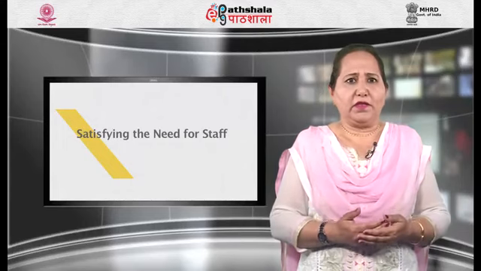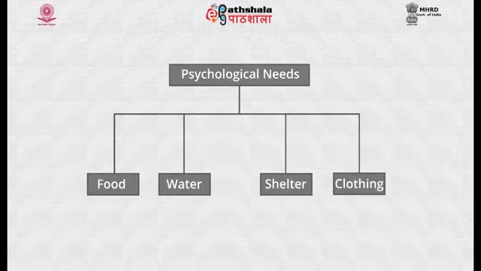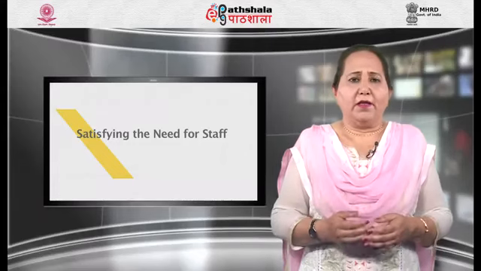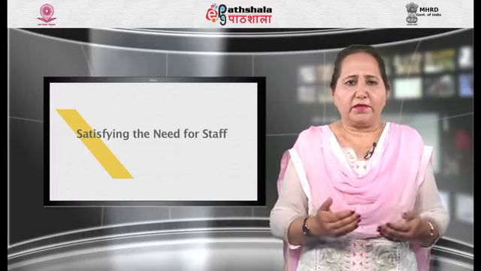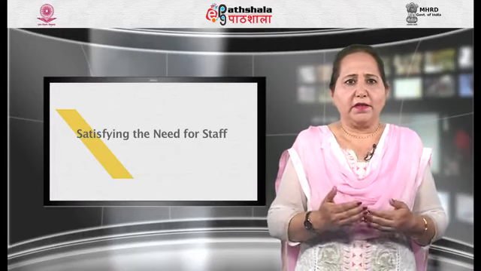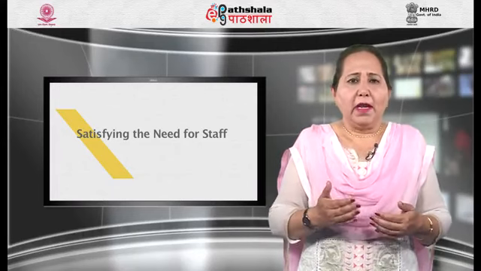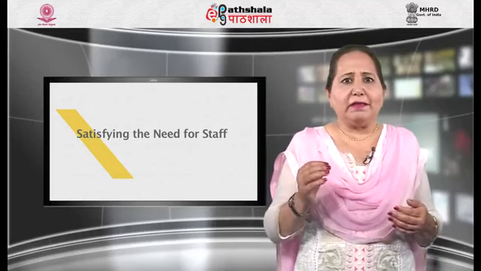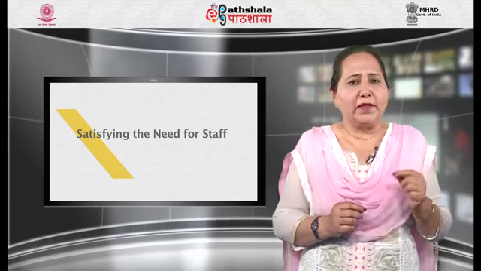Physiological needs include things such as food, water, shelter, clothing, all of which can be satisfied with the reliable income. Provide compensation benefits packages to the employees to satisfy their safety needs. Let your words and actions ensure employees that they have job security as well as safety.